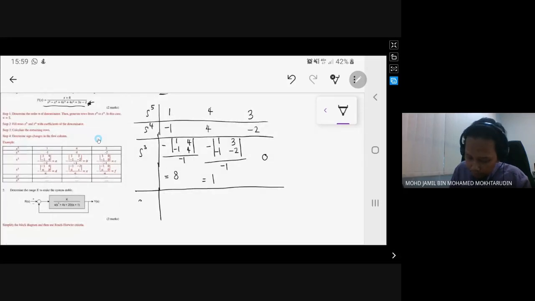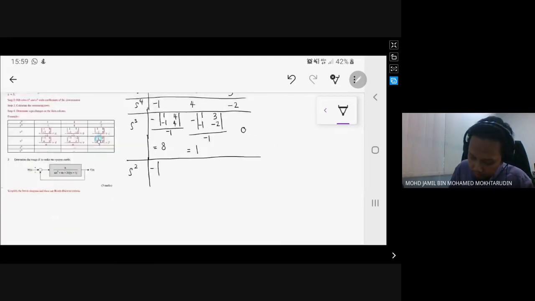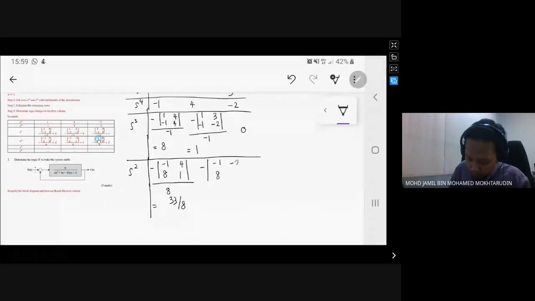And then for the next row, so you get minus 1, minus 32. So 33 over 8. And here, this will be 2 minus 2.